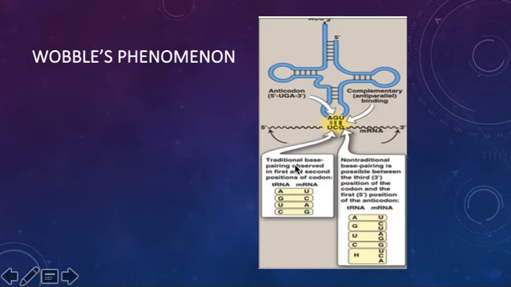Okay, so this is the traditional base pairing observed in the first and the second position of the codon and the tRNA. And then you can see non-traditional base pairing is possible between the third position of the codon and the first position of the anticodon, as you can see in this slide.